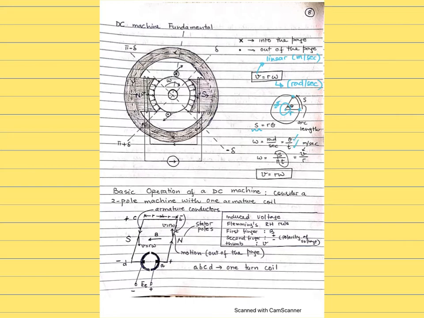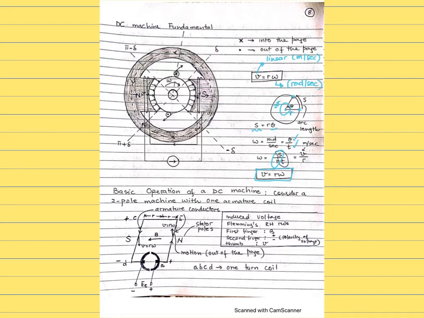Then you substitute for theta as S over r, so S over r times t, and from there you can take S over t separately as distance over time, which is the linear velocity, meters per second. So V over r, and V equals r times omega. This is the equation which will be used to convert linear velocity into angular velocity, or to relate the angular velocity to linear velocity.